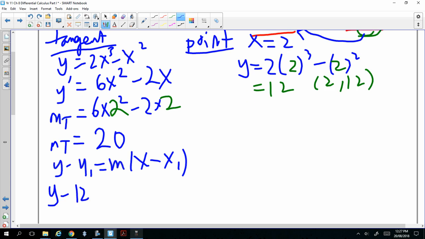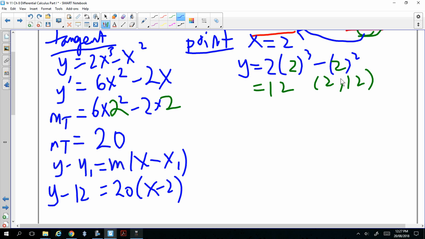And then you just simplify it. Yep, it is 2, 12.